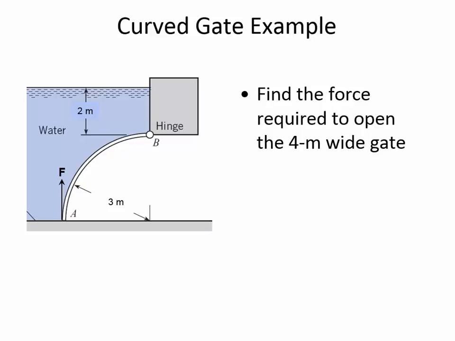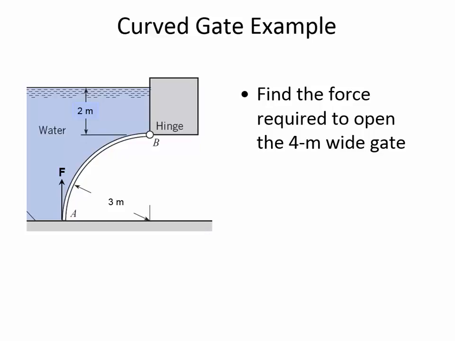It's a rectangle. 3 by 4. So the rectangle is 3 meters tall and 4 meters wide. That is, if you were going to shine a light on that curved gate, its shadow would be 4 meters wide and 3 meters tall.